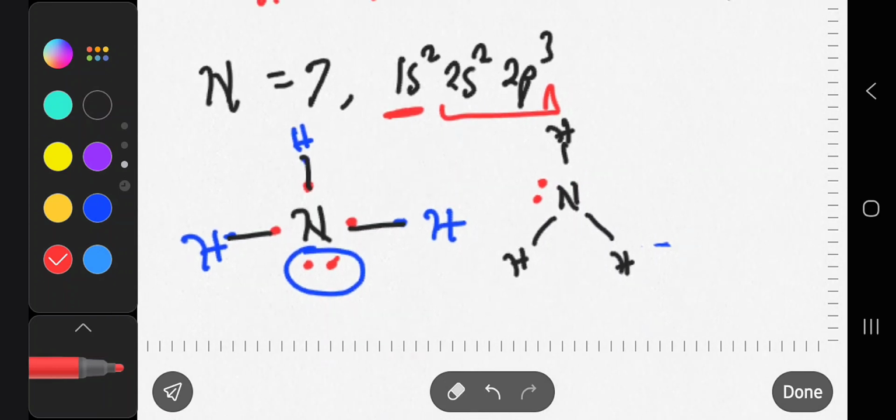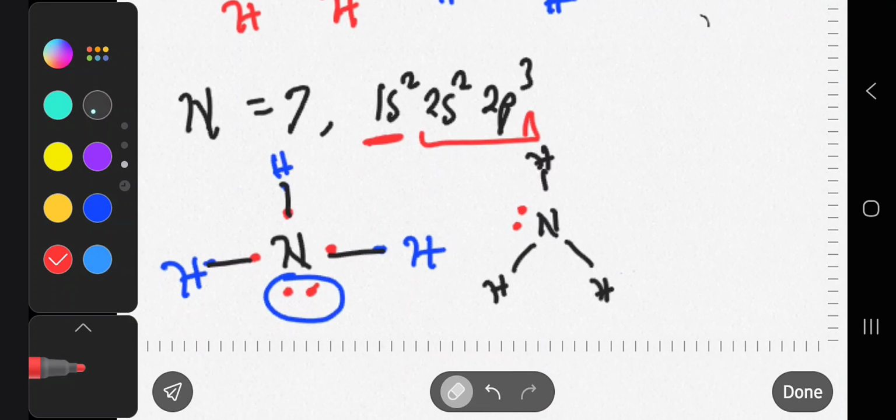As you can see, we've just accounted for why we always have the non-bonding electrons residing in atoms. All right, so this is basically how we come about all these things.